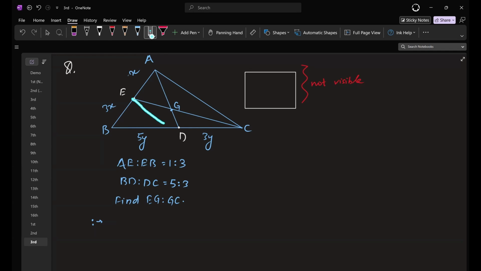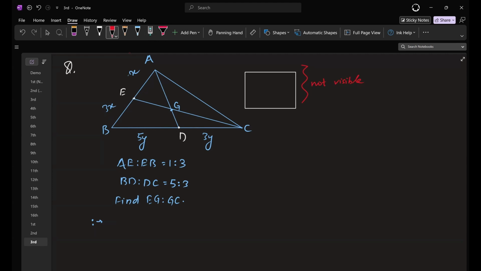If we join this ED, we are not at all sure whether this ED is going to be parallel to this AC. And let me prove to you it would not be, because if we join ED, then this is 3 is to 1, and this is 5 is to 3. So D is not dividing BC in the same ratio in which E is dividing AB. So it means this ED can never be parallel to AC.